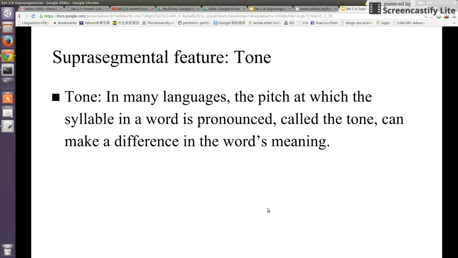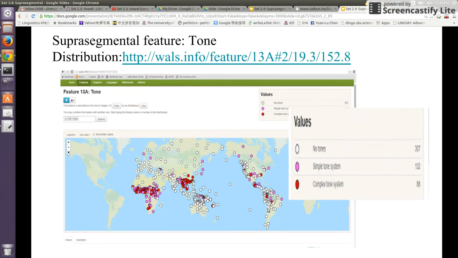We'll have more examples for tone, but before that, do you think tone languages are rare or not? Actually, the answer is no. Tone languages are not rare at all. You can find the information on all human languages on this website.